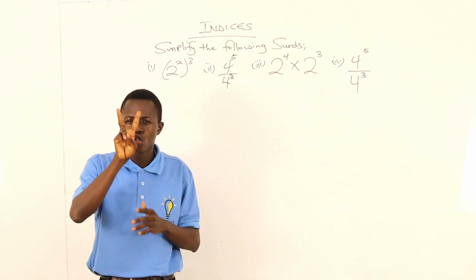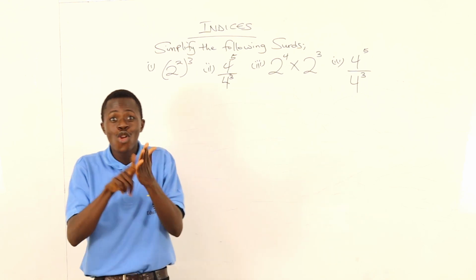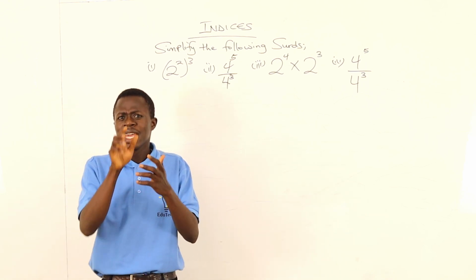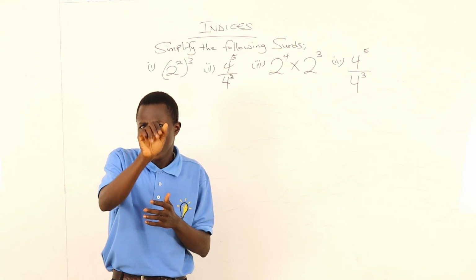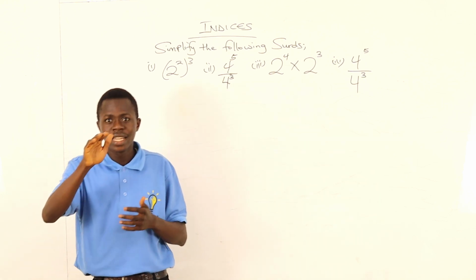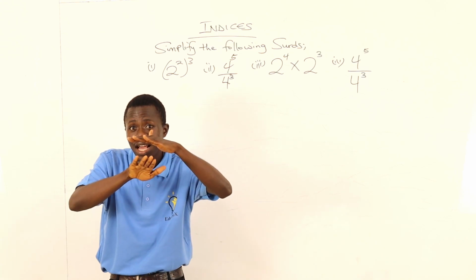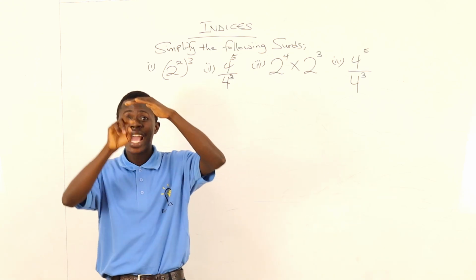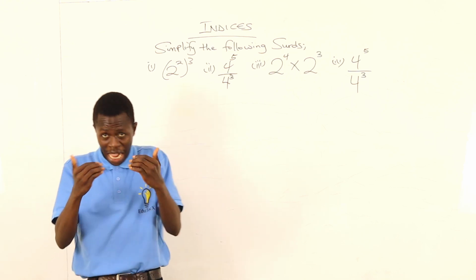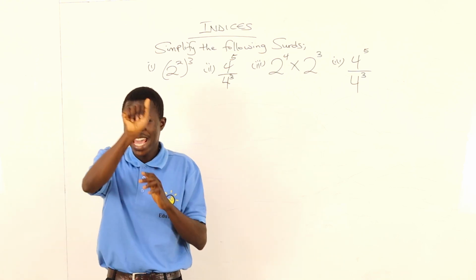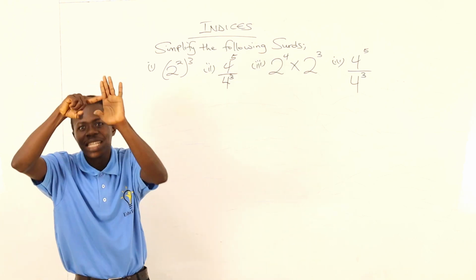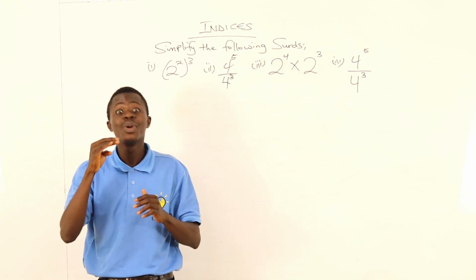And law 2 says that when we have an expression A to the power m divided by A to the power n, then that will be equal to A raised to the power m minus n.